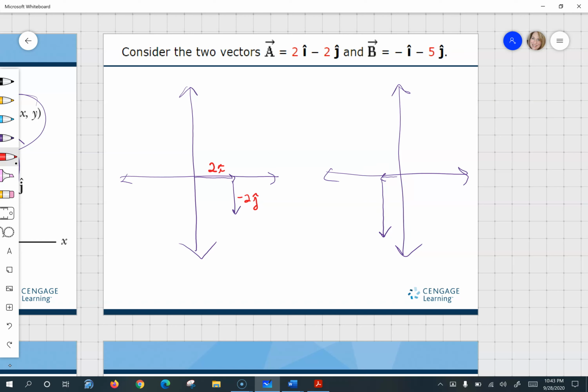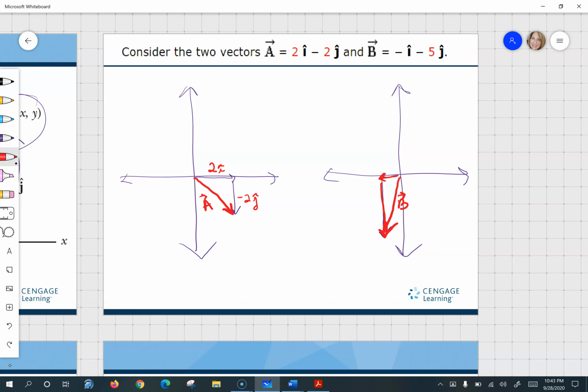The vector A must be right here. And same thing over here. We have negative 1i, negative 5j. So my vector B has got to be right there.